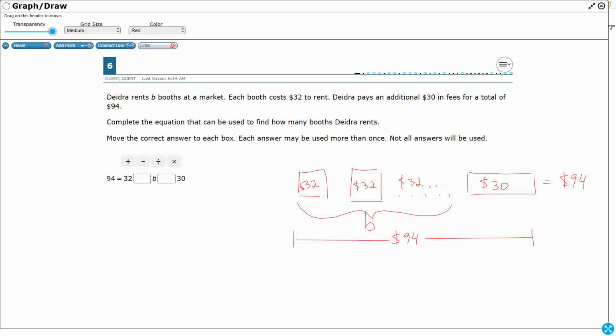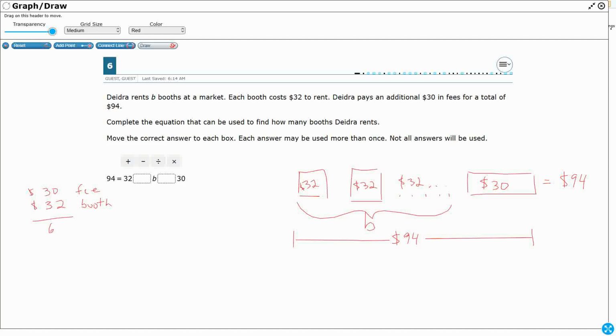Well, first, let's just figure out how many booths she has. Okay? So we could do a little bit of guessing and checking, right? So if she has one booth for $32, so that's a booth, and then she's always got to pay the $30 fee. What do we have?